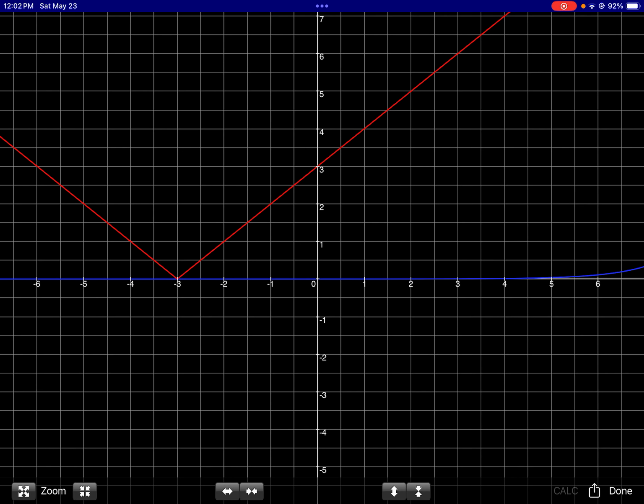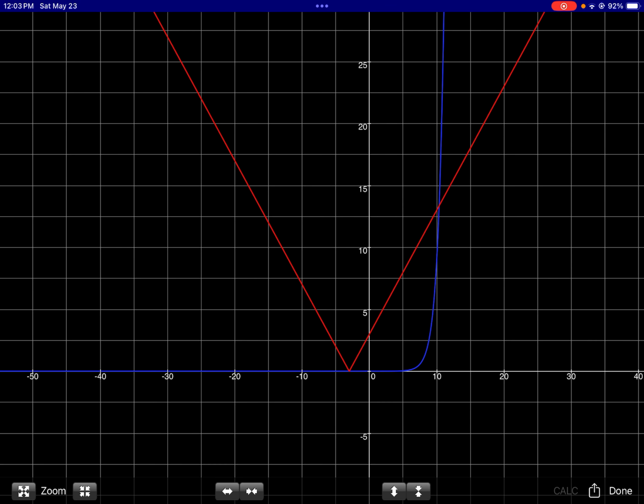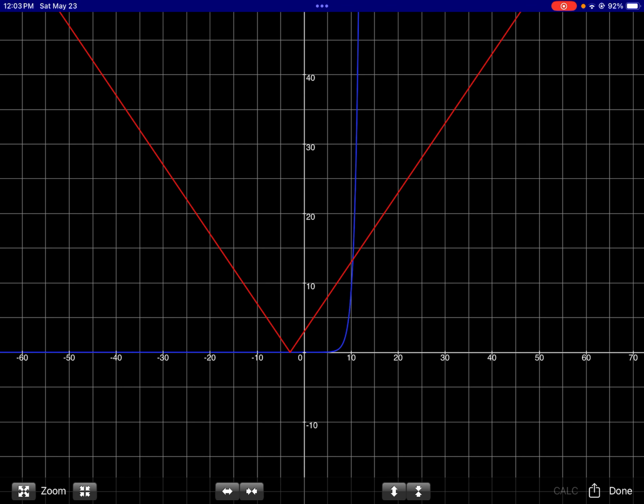And then when you graph it, it's going to look something like this. Okay? Now my calculator is a little bit different than yours.